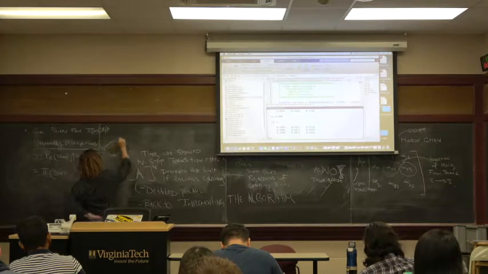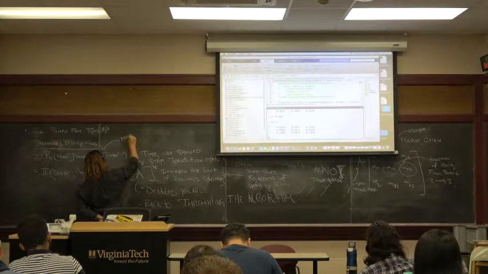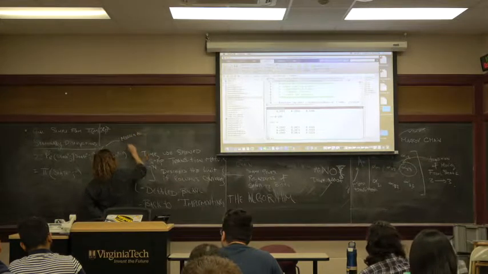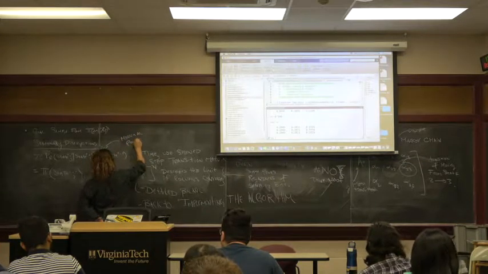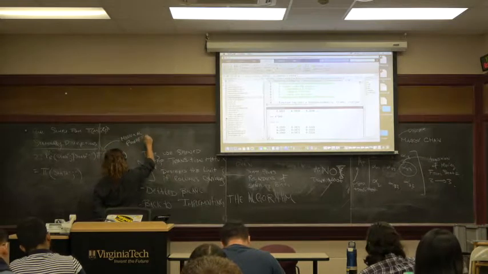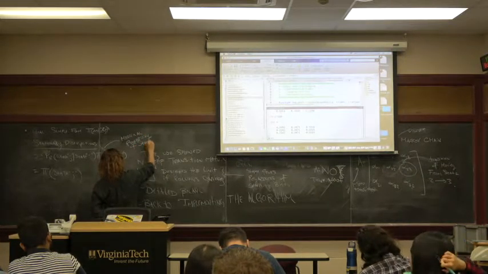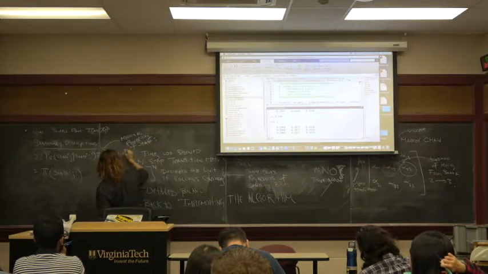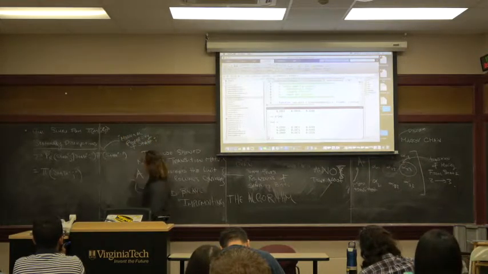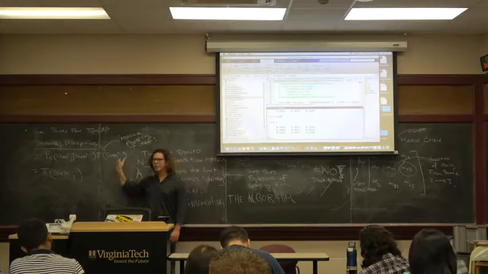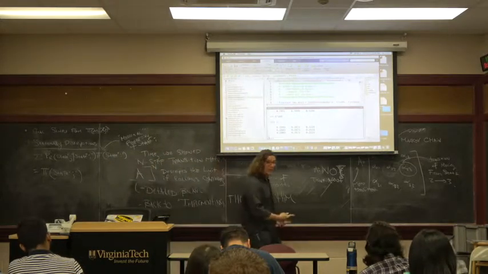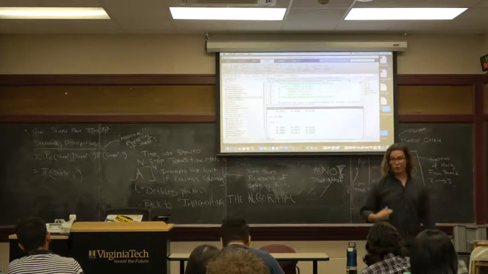This is the marginal probability. So this is the probability that doesn't consider how you got there. It's just the probability that you're there.